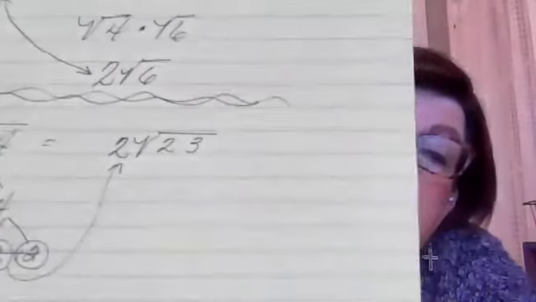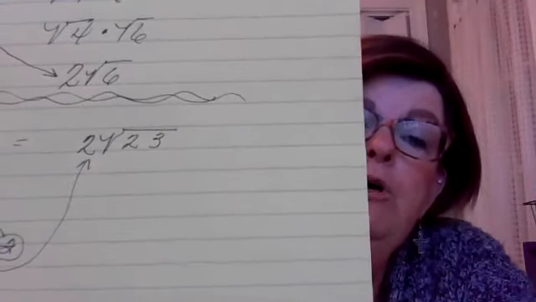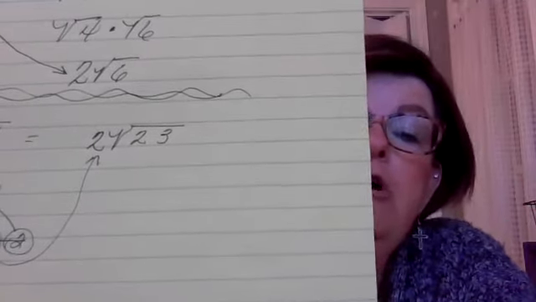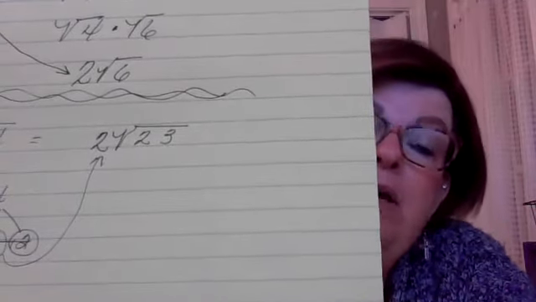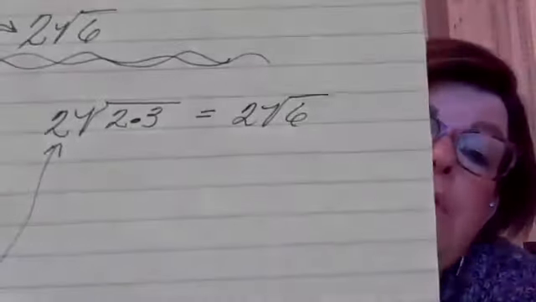So I'm going to put the 2 inside and the 3 inside the house for another time. Do y'all understand what I'm doing so far? Now, if there are multiple things inside the house, we multiply them. If there are several things on the outside, which we'll see later, then you multiply those. So my answer to simplifying the square root of 24 is 2 square roots of 6.